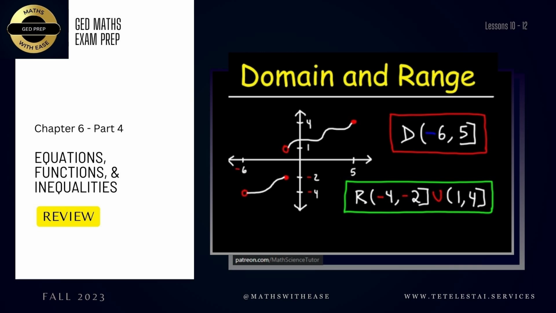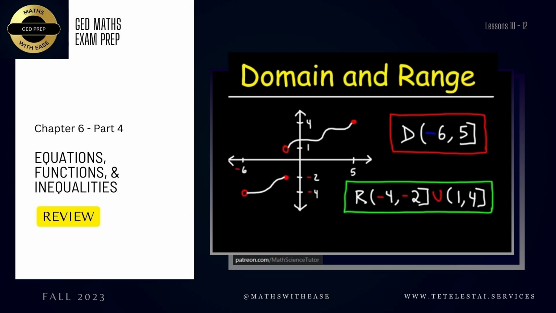But even though graphically we can see that -4 is the lowest value representation for the range of this function, looking at the lower half of the graph, the portion of the graph below the x-axis, the range of this function does not include -4, which is why graphically it's represented by an open circle, and in the set notation form that we see in the green rectangle here, we see an open parentheses.